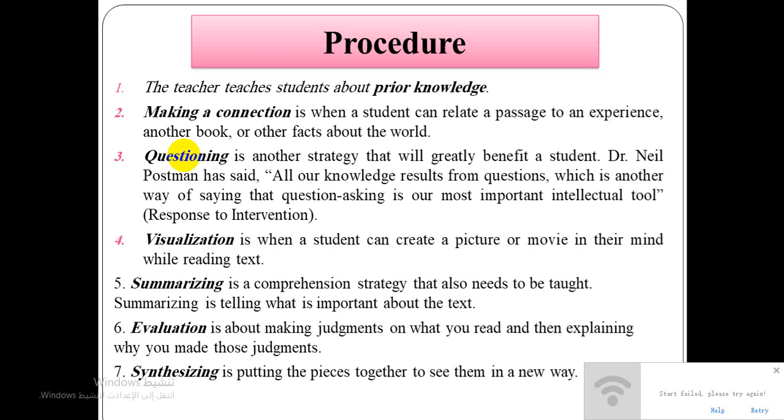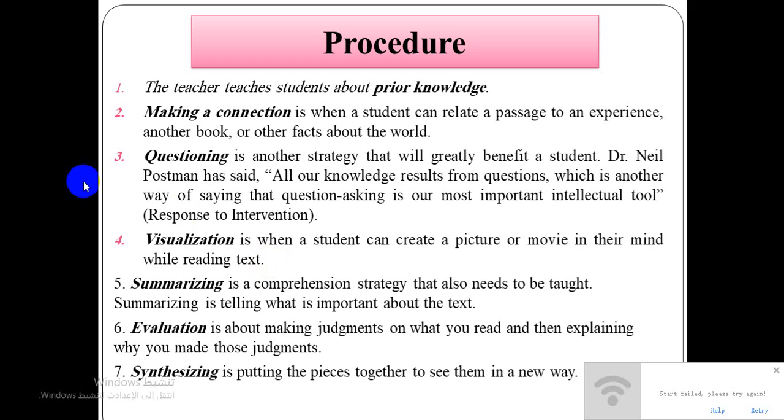Also, visualization is when a student can create a picture or movie in their mind while reading text. Using terms like mental image and asking sensory questions will help students become better visualizers. Another way of looking at visualization is to think about bringing words to life.